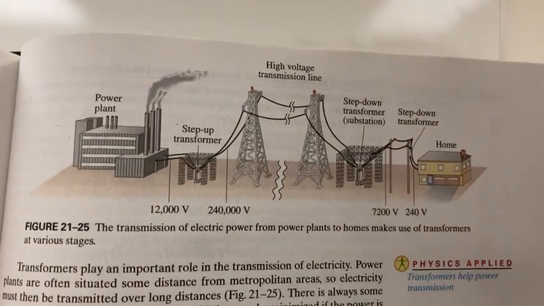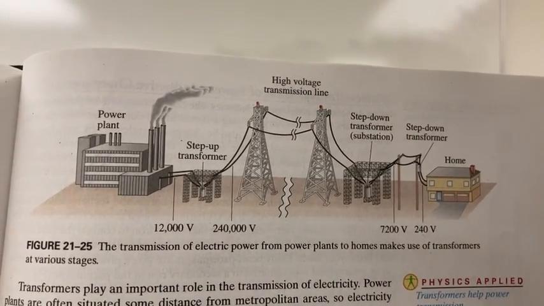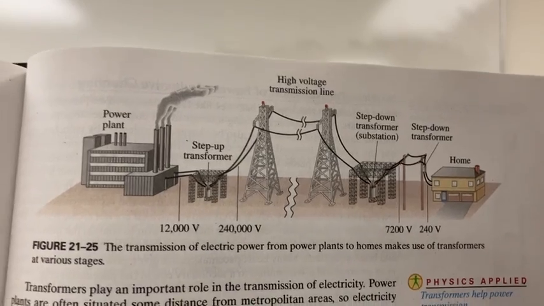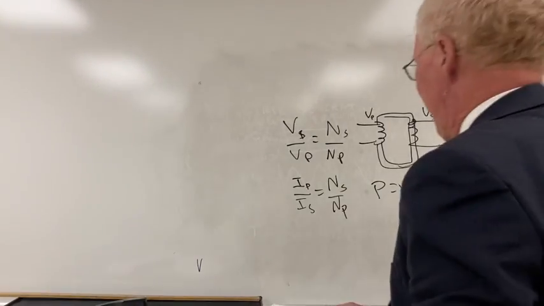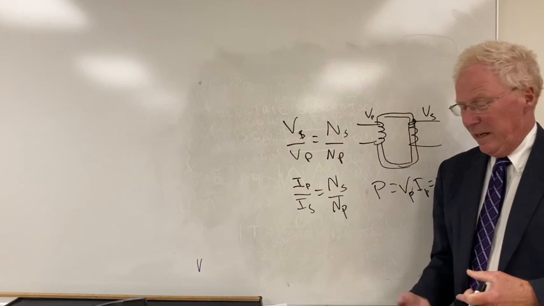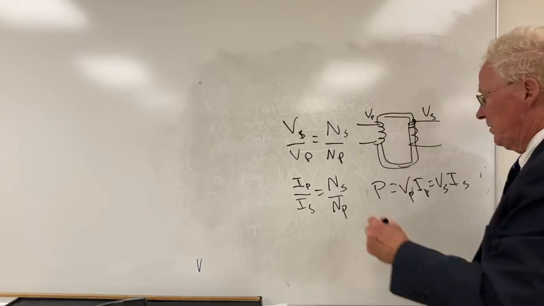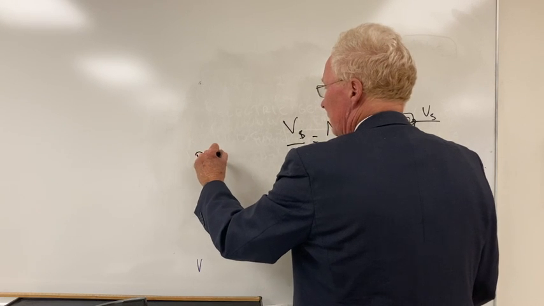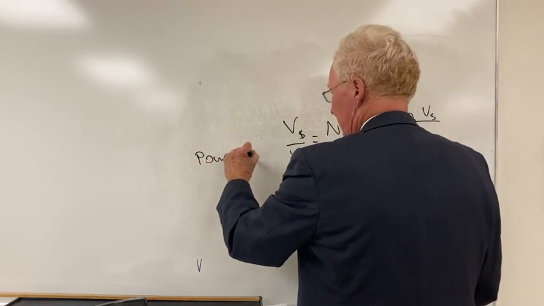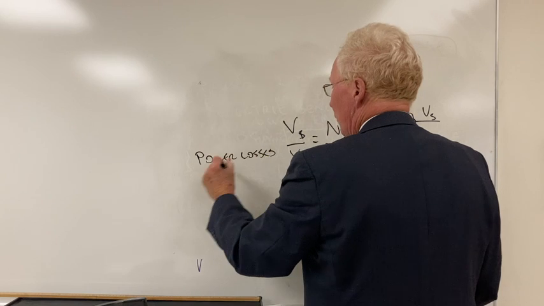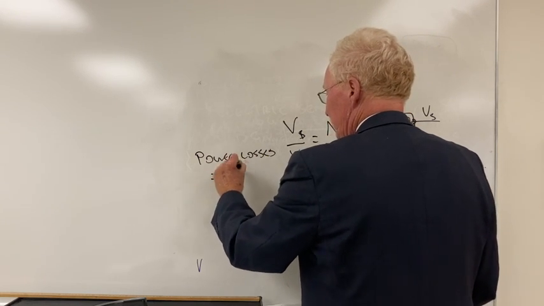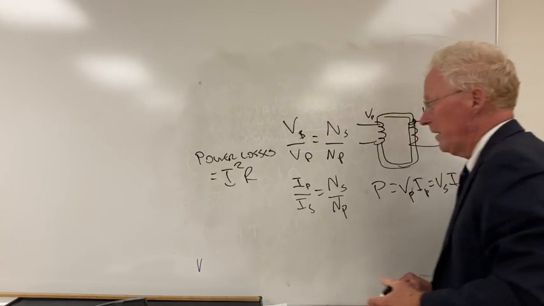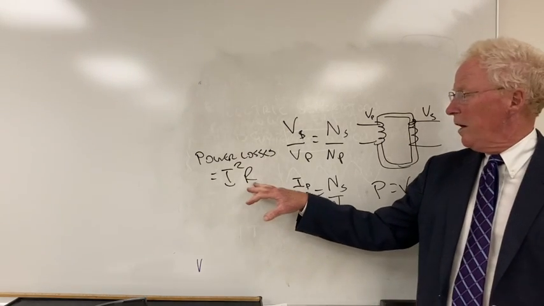You step up the voltage so you deliver much lower current, and then step it back down at the device, because the power losses, as we've talked about, go as I squared R, and any real wire is going to have resistance.